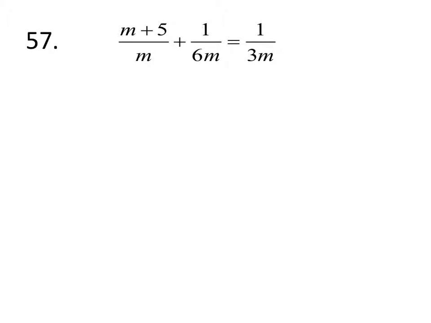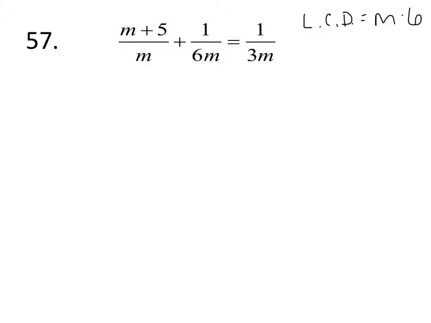All right, so just looking at the variables in the denominators, this is going to be an LCD problem. So my LCD needs to have all the pieces. So I need an M, I need a 6M, but I already have an M, so I just need a 6.